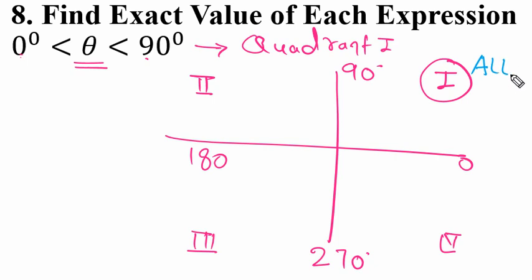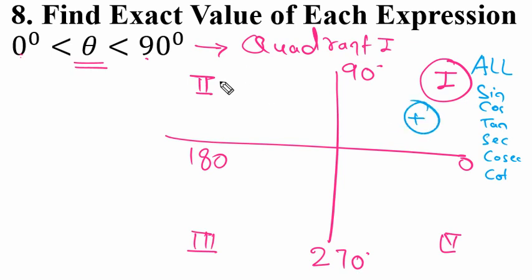So all trigonometric functions, it means sine, cos, tan, secant, cosecant, and cotangent, are all positive. In the second quadrant, only sine and cosecant, because cosecant is the opposite of sine.